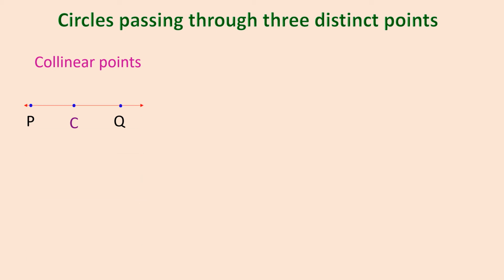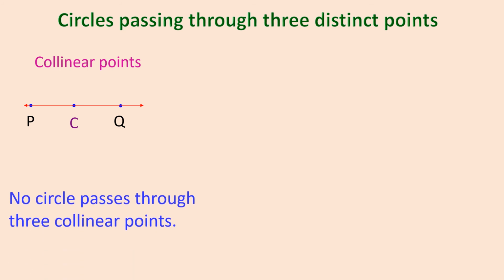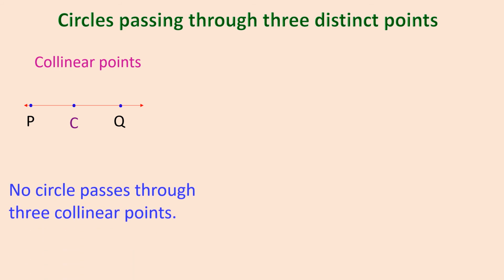See, one line contains all three points. So all these three points are collinear. Can we draw any circle which passes through all three points, C, P and Q? No. So we can say that no circle passes through three collinear points.